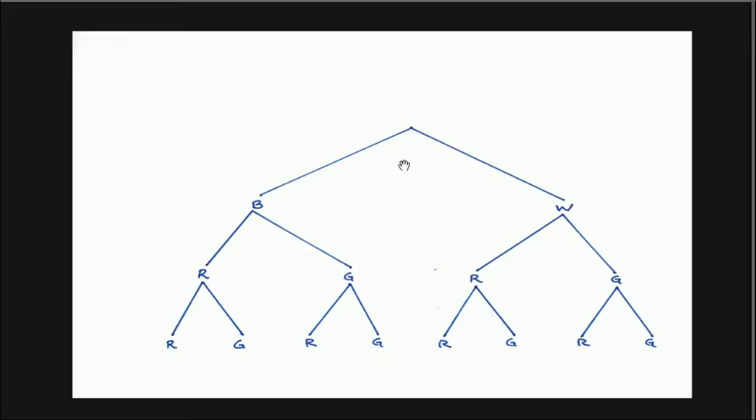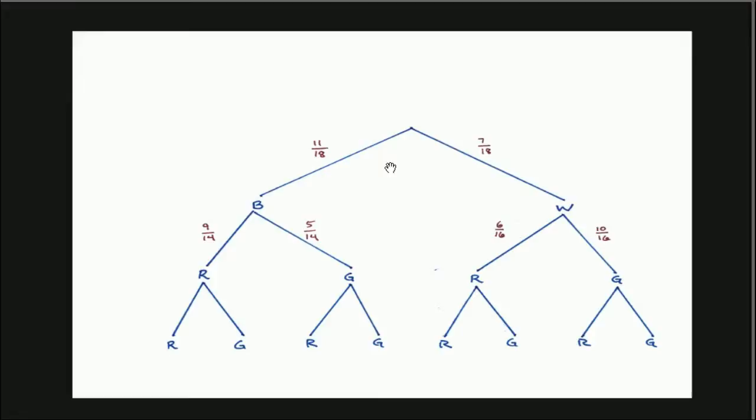We had 11 black balls and 7 white balls. So the probability of drawing a black ball, and thus drawing from urn B, is 11 over 18. The probability of drawing a white ball is 7 over 18.